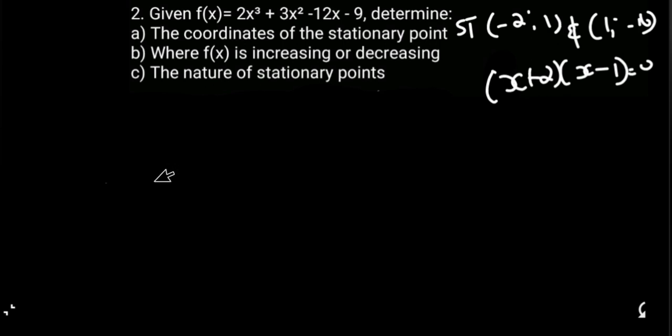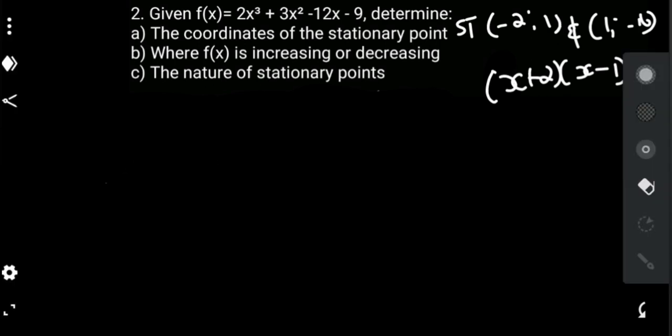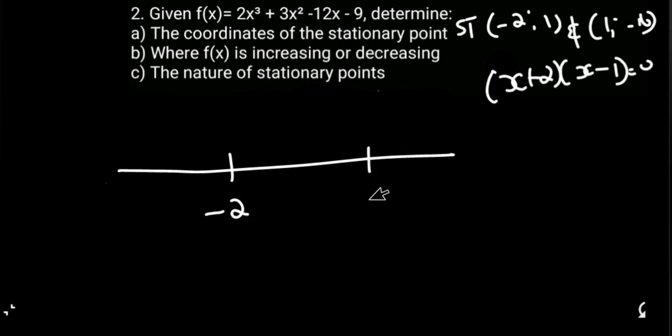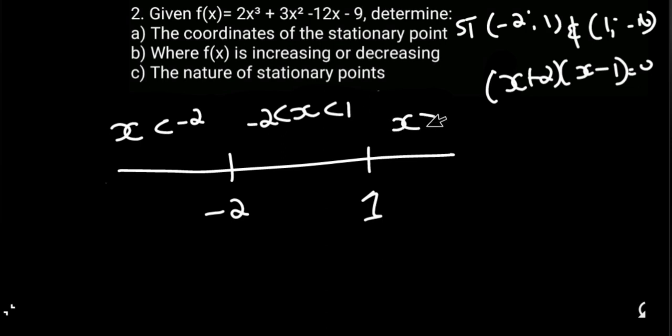So, okay, to determine where the graph is increasing or decreasing, on part B, you're gonna plug in the x coordinates of the turning point on our number line, and then we're gonna evaluate values that are smaller than -2, the values that are between -2 and 1, and also the values that are going to be greater than 1.